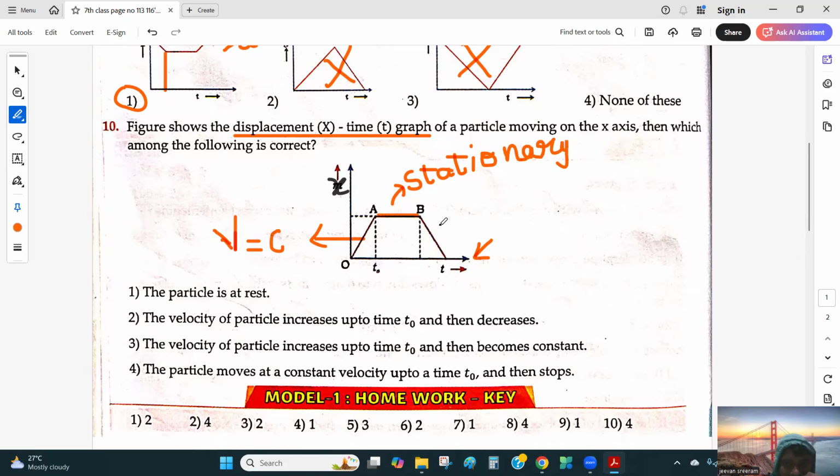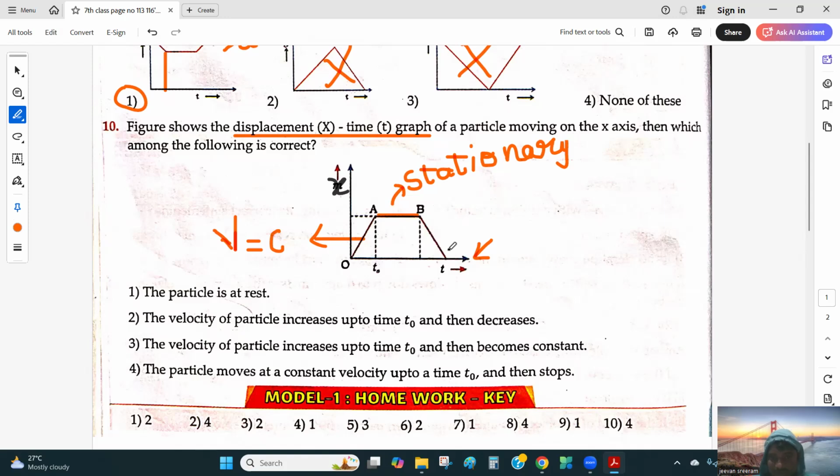And here, displacement is reducing, so it must again be constant velocity, right?